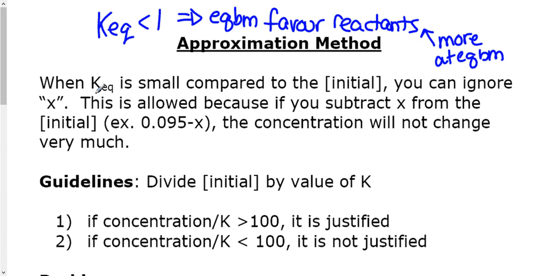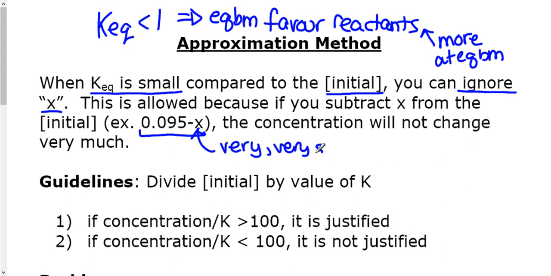So the approximation method says when KEQ is small, when you're comparing it to your initial concentrations, you can essentially ignore that x value. So what that means is if you have something like this, where we saw in our ICE tables where we were subtracting an x value, if the x value is very, very, very small, if you subtract that from 0.095, it's probably going to round back to 0.095.